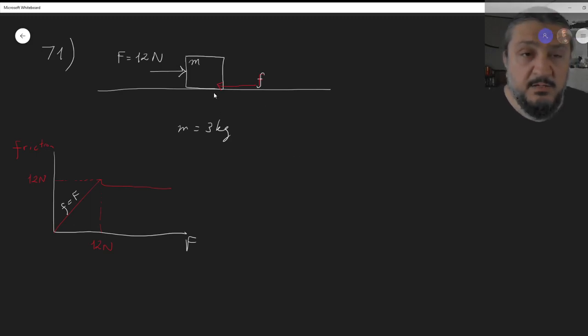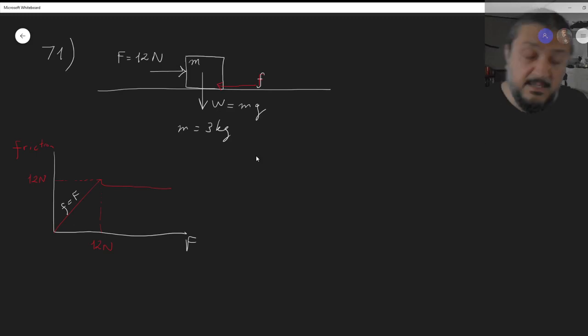Now let's think about the weight of the object, which is pulling it downward. Weight is not given, but we're given the mass. We can find the weight from mass. It's just m times g.